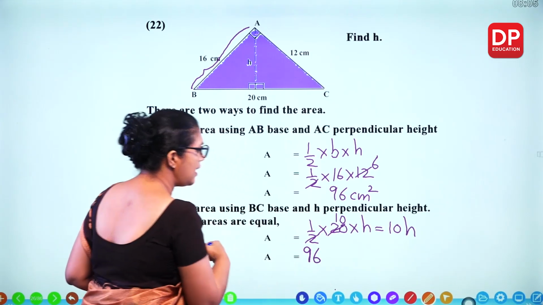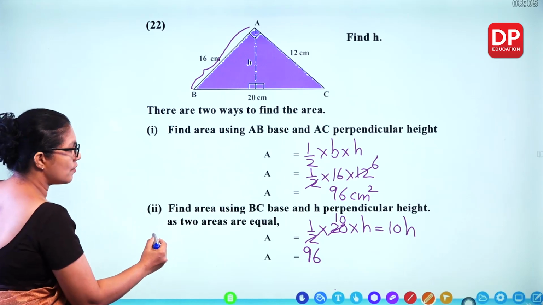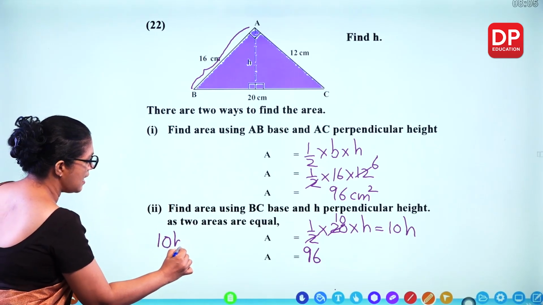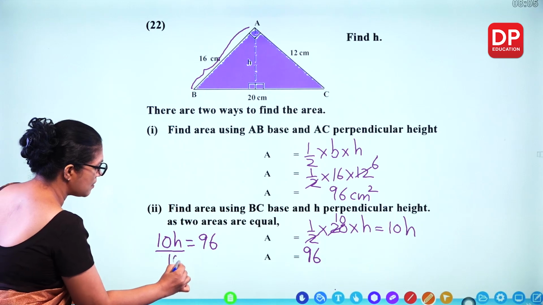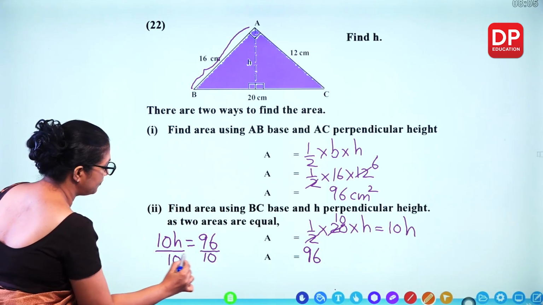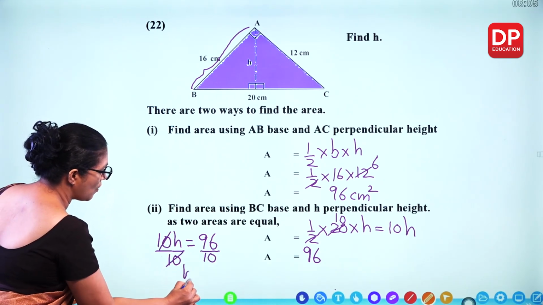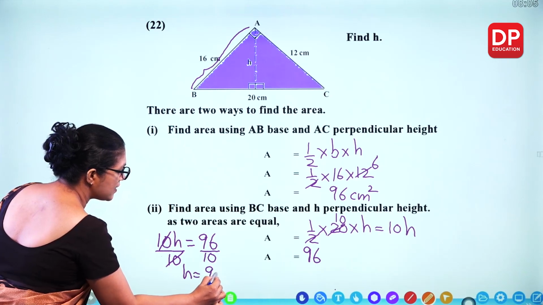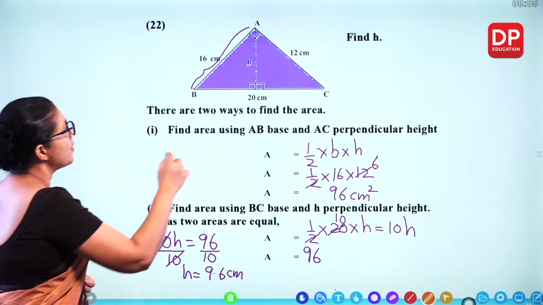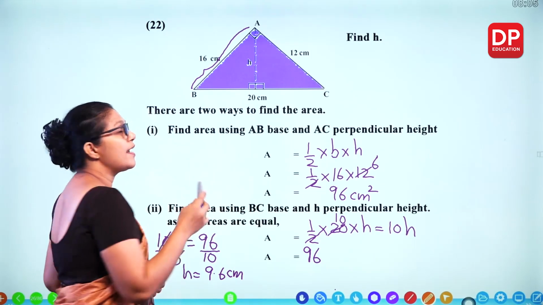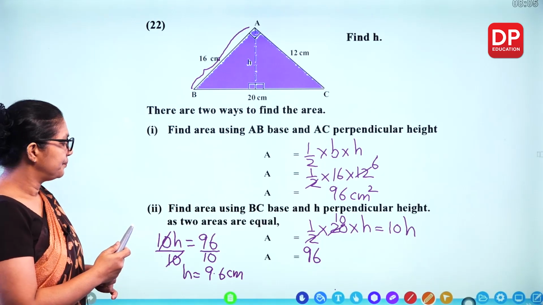Both are equal. So 10h is equal to 96. So what's h? Divide this by 10. You get h equals 9.6 centimeters. So you can find out the perpendicular height using that method.